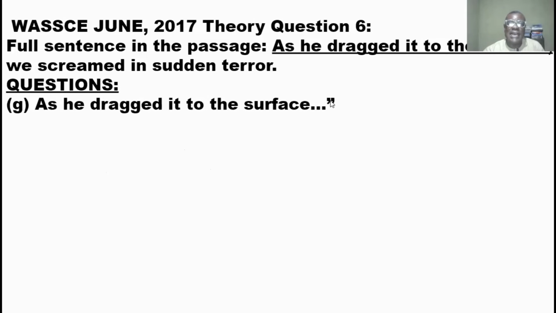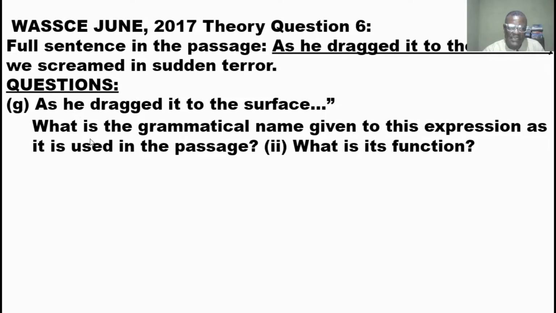The questions are, now look at the underlined expression in the passage. It is presented here, and 2 questions are asked. I, what is the grammatical name given to this expression as it is used in the passage? II, what is its function? Now, how do we solve it? Again, we use the border principle.